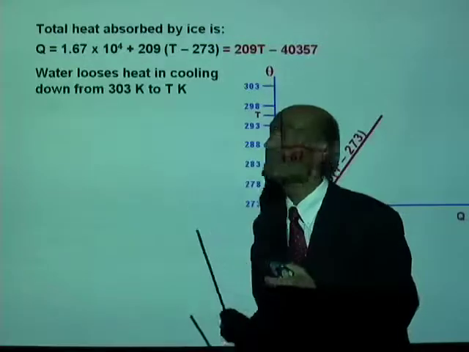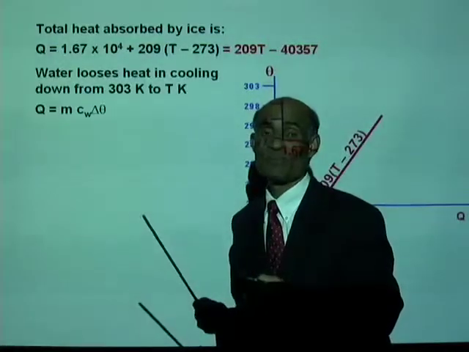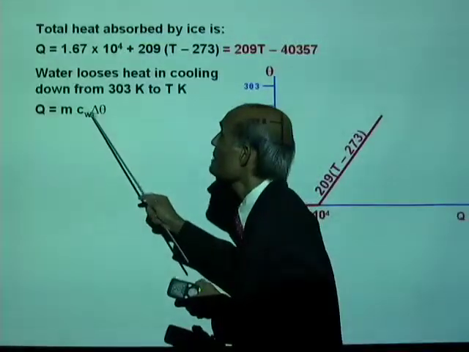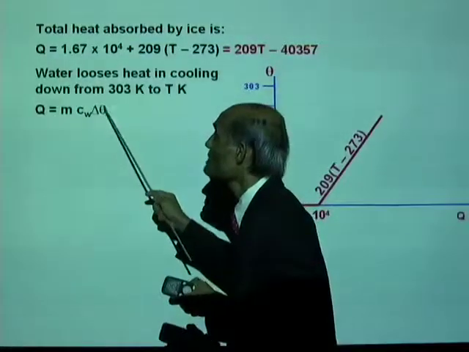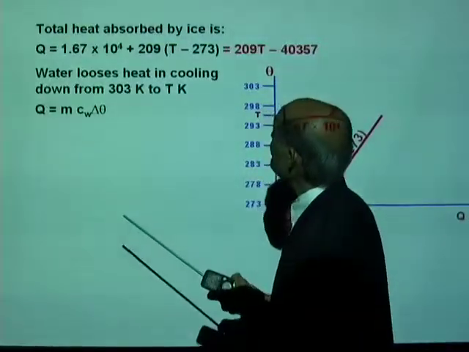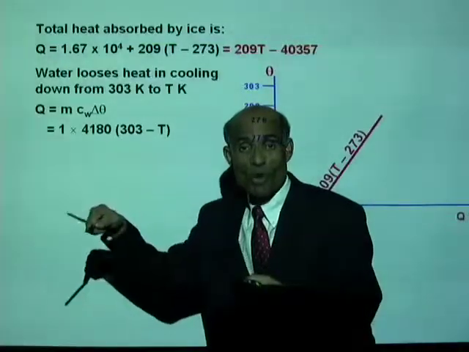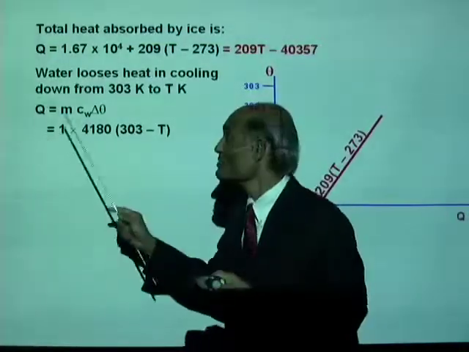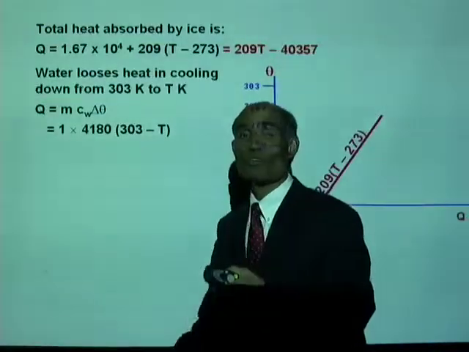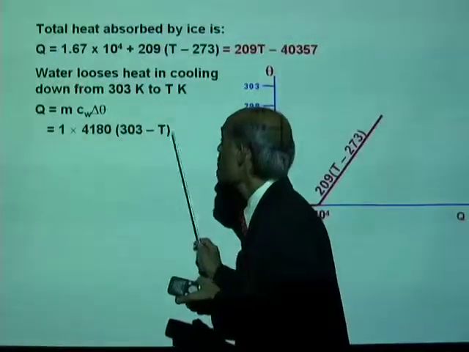What is the heat lost by that water? The heat lost by water is mass times specific heat of water times the change in temperature. What is the mass of that water? 1 kilogram. The amount of hot water in the bucket is 1 kilogram times specific heat of water is 4,180 times the change in temperature.